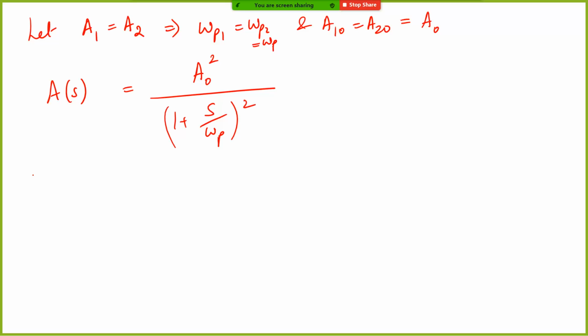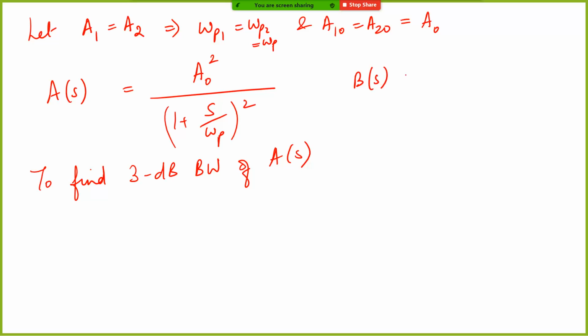Now we are interested in finding the 3 dB bandwidth of A of S, basically the cascaded amplifier. Now this can also be extended. Let's say B of S, with n stages, becomes A naught to the power of n into 1 over (1 plus S by omega P) to the power of n.